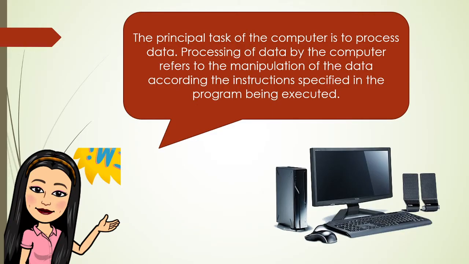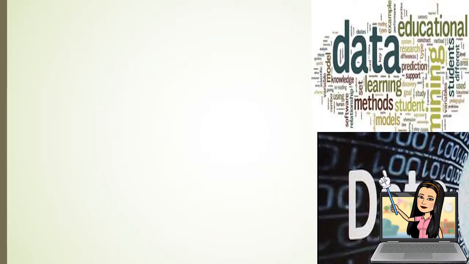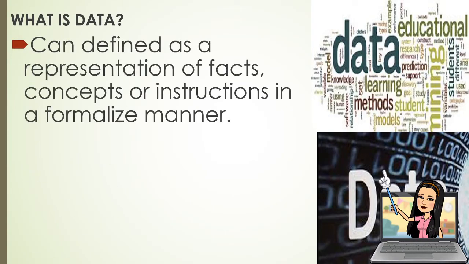Class, the principal task of the computer is to process data. Processing of data by the computer refers to the manipulation of the data according to the instructions specified in the program being executed. So what is data? Data can be defined as a representation of facts, concepts, or instructions in a formalized manner.